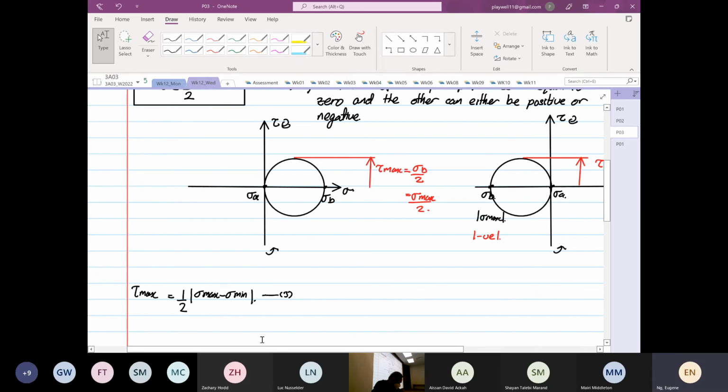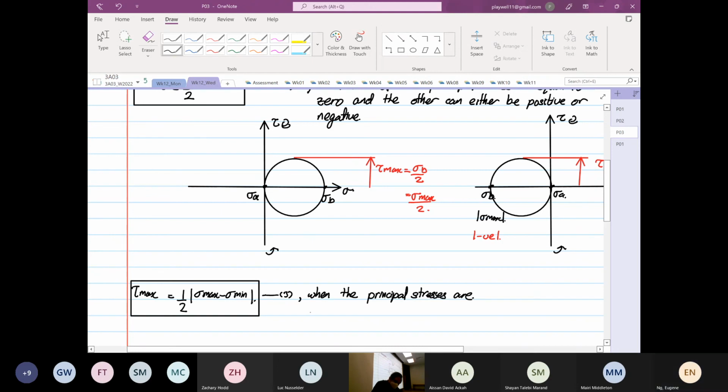So for the third condition that we have seen, or for the third equation, not condition, I do apologize. This is where the principal stresses are positive or negative.